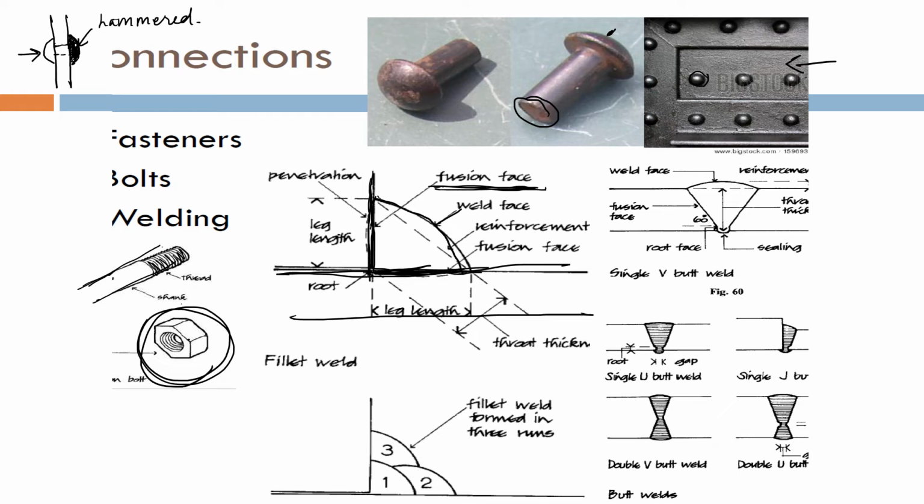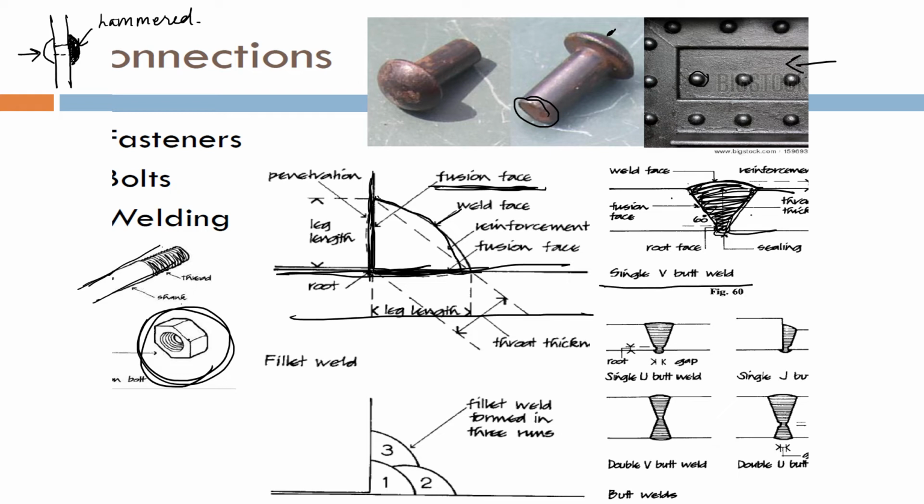Then the other way is this one member and the second member. They have some distance between them, and the welding is done in a way that it gets filled with the material you are welding with. So all this is external material or the reinforcement, and this is the weld phase. These two are the fusion phases.